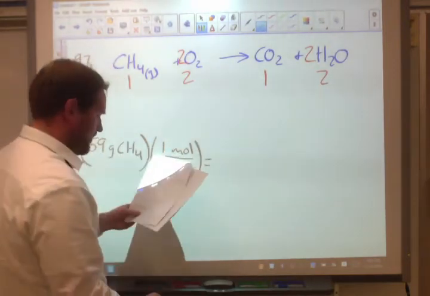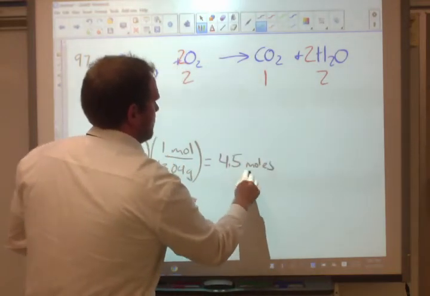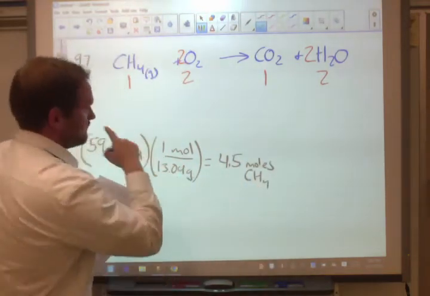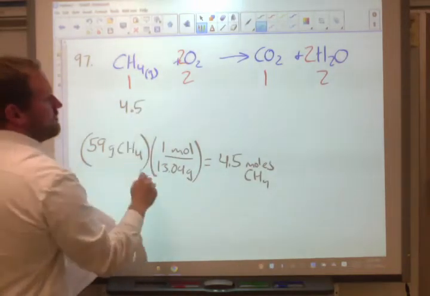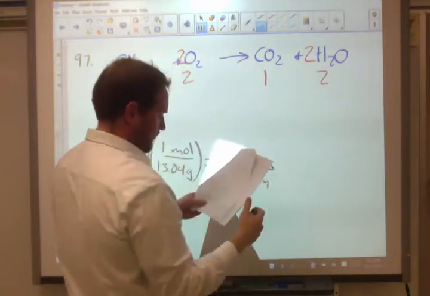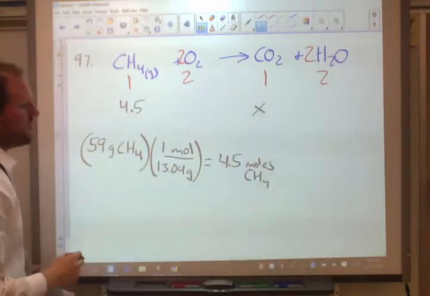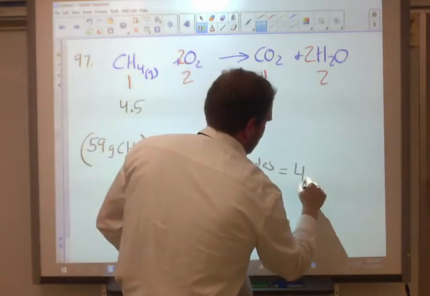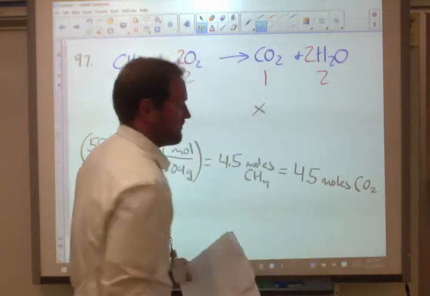And that equals 4.5 moles of CH4. So 4.5 is going to go here. I'm looking for CO2, right? As you can see, it's a 1-to-1 ratio. So this is also going to equal 4.5 moles of CO2.